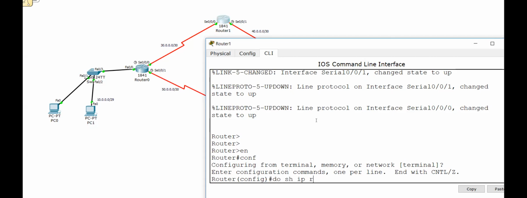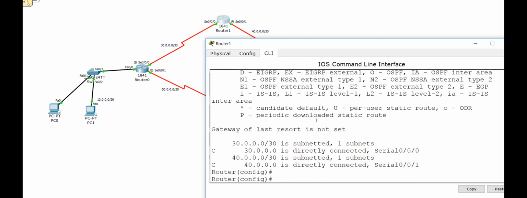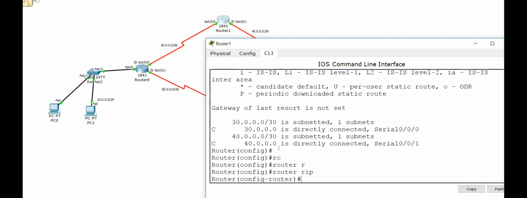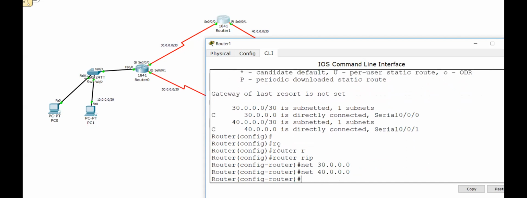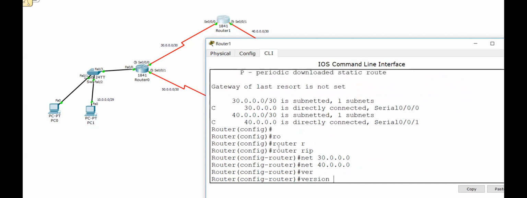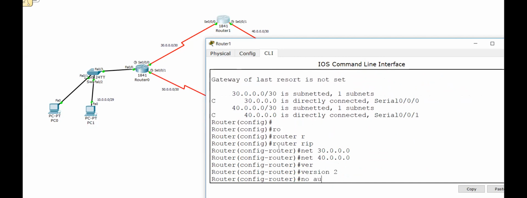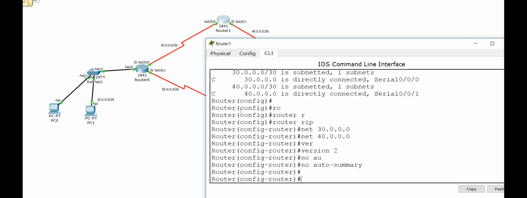So do show ip route, you can check 30 and 40 are connected with C. Router rip, network 30.0.0.0, network 40.0.0.0, version 2, no auto summary.